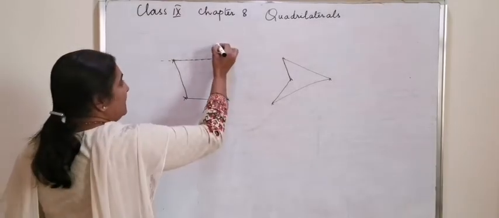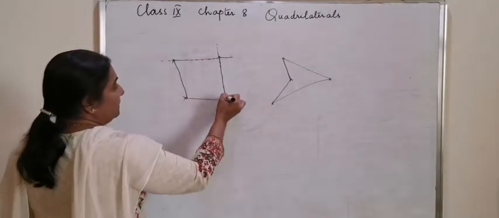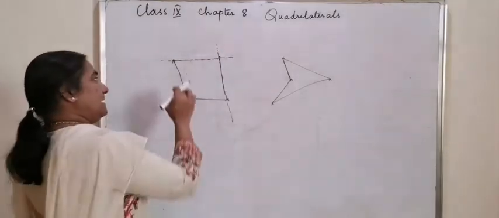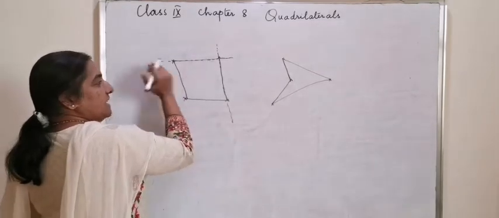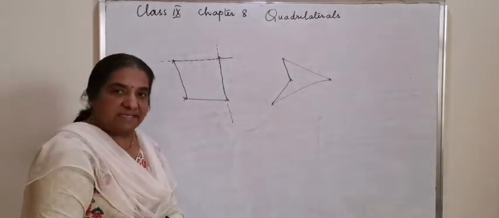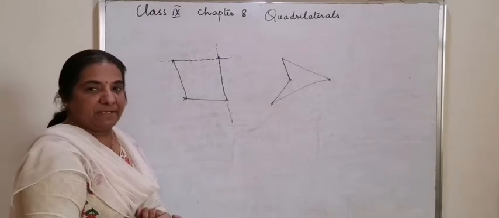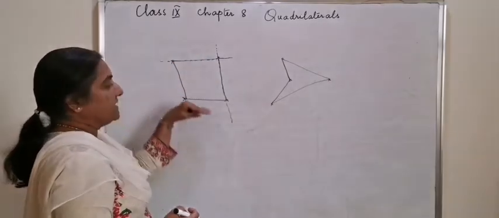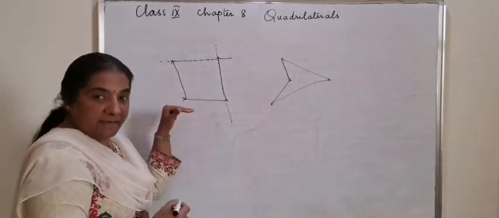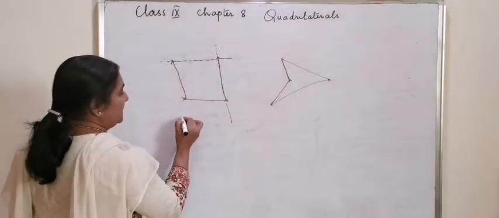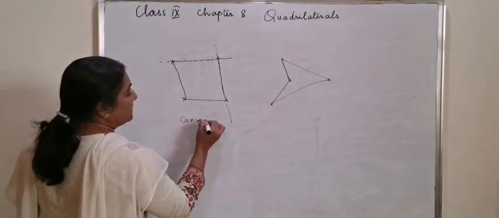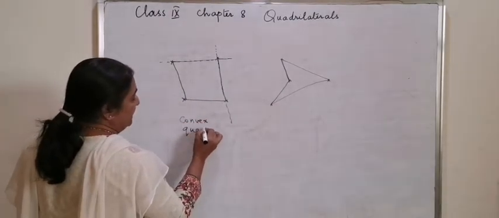Similarly, if you extend this side also, the remaining vertices are on the same side of the extended line. This happens for all the 4 sides of the quadrilateral, and hence these types of quadrilaterals are called convex quadrilaterals.